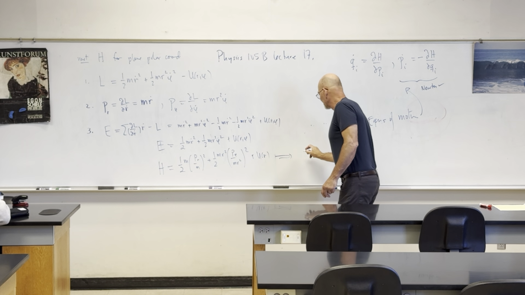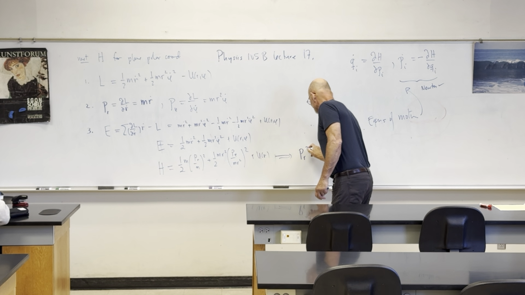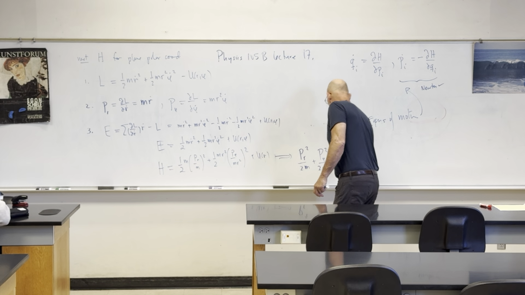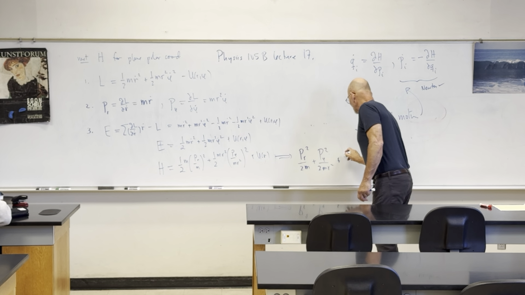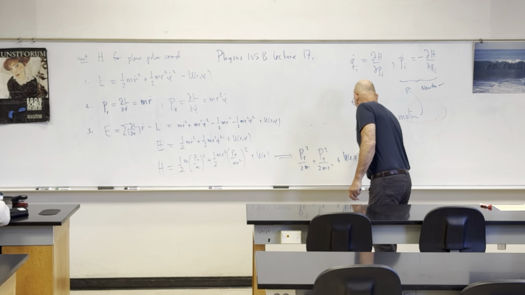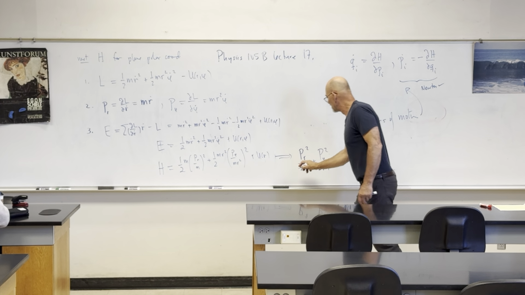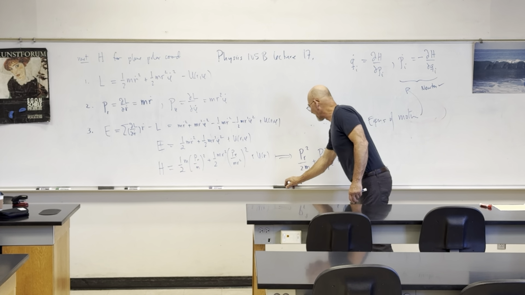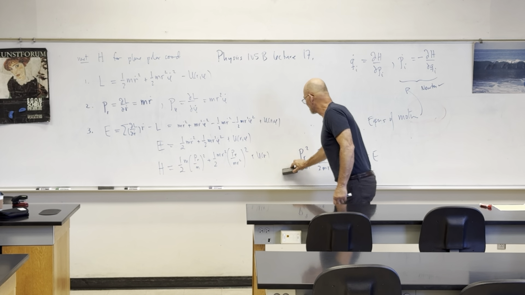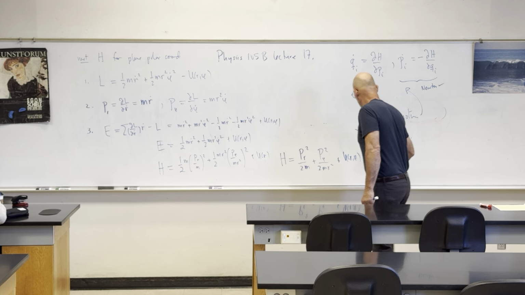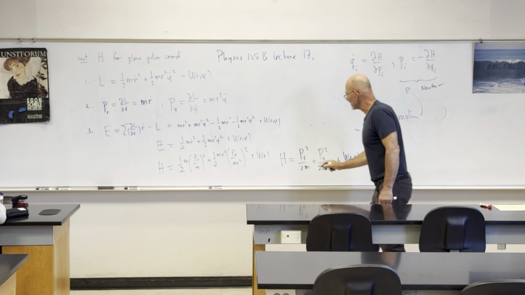So now we have p sub r squared over 2m plus p sub phi squared over 2m r squared plus U of r and phi is equal to E. Oh, sorry, is equal to H. Okay, let me write it this way. H equals, that was the energy, but now it's also the Hamiltonian.